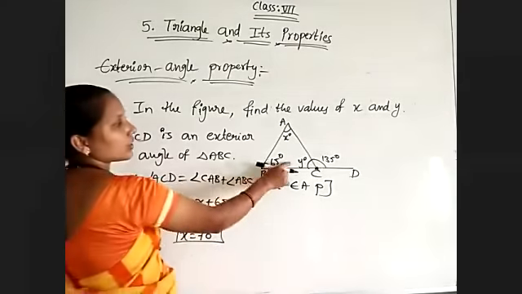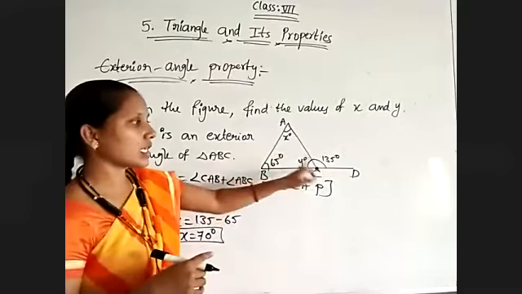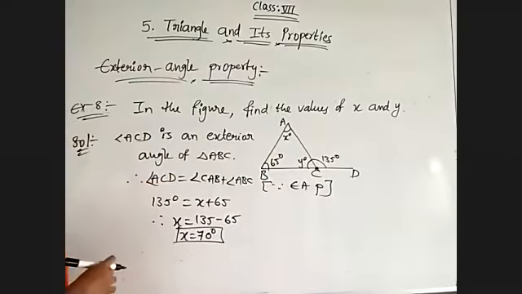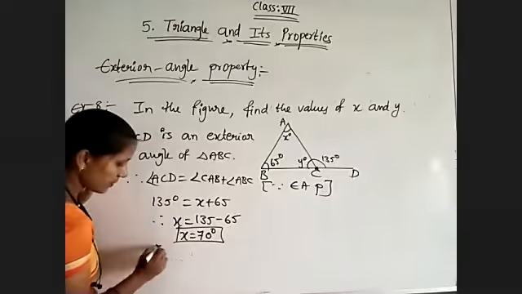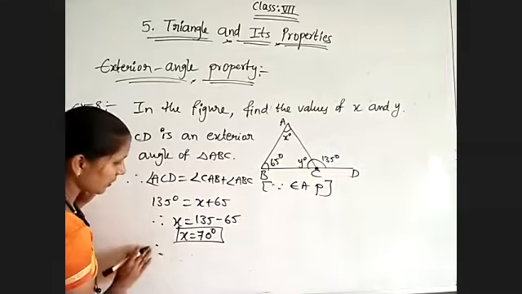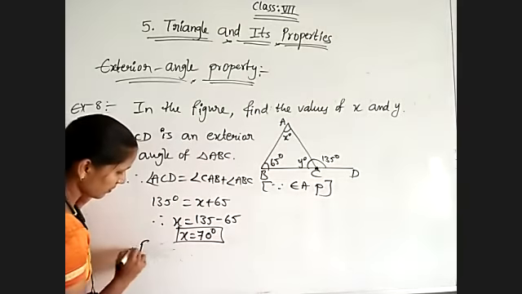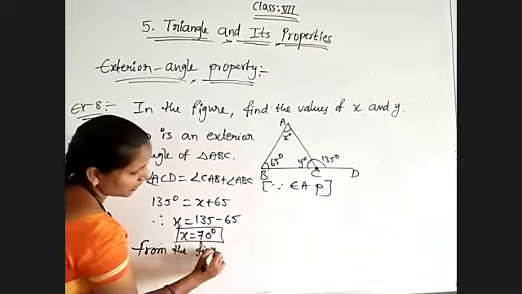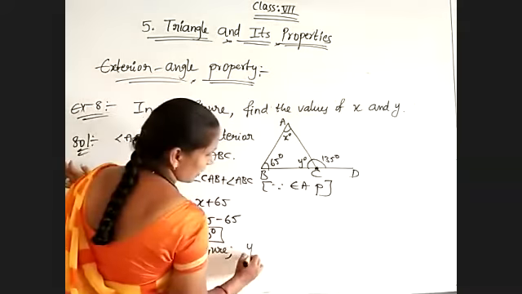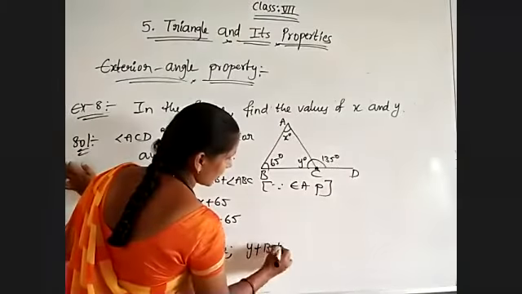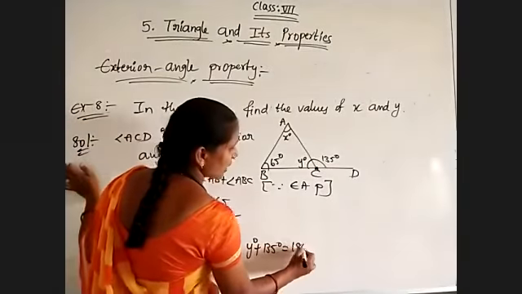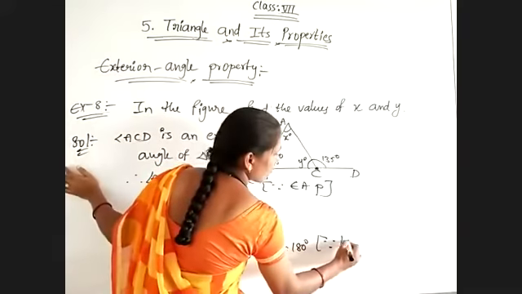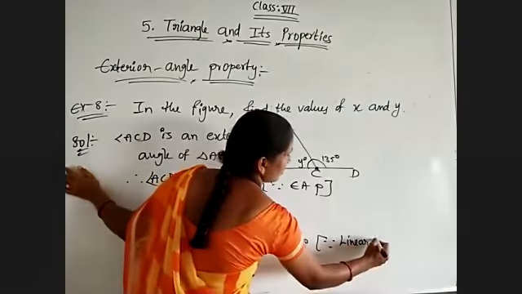So to get y, you can use angle sum property, otherwise linear pair. So use linear pair, that is very easy. From the figure, y plus 135 degrees is equal to 180 degrees, since they are forming a linear pair.